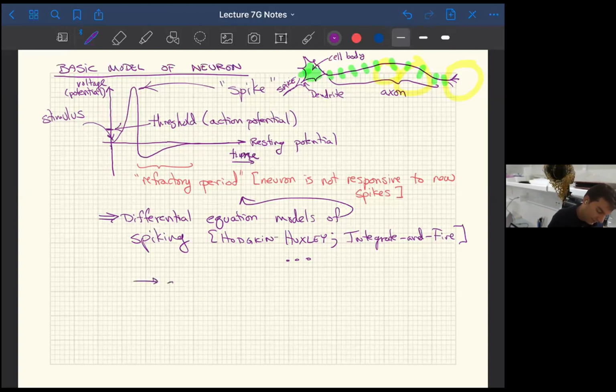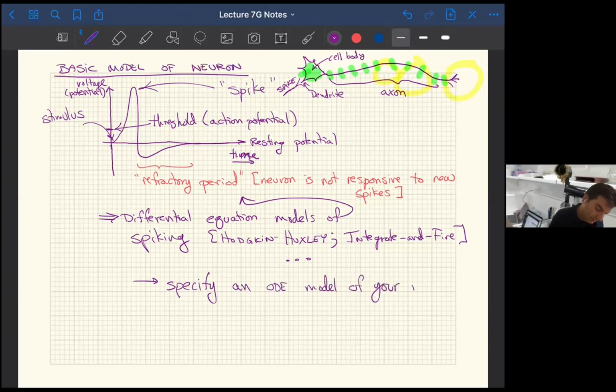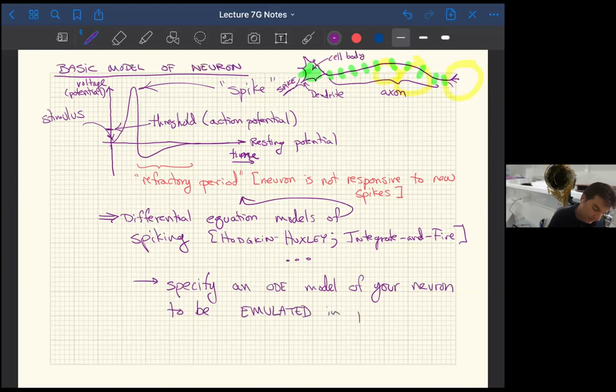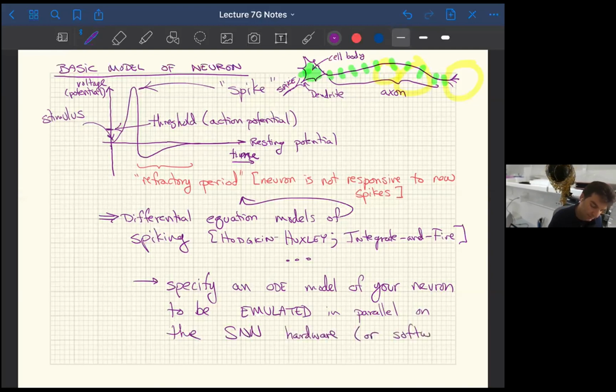So you specify an ODE model of your neuron to be emulated in parallel on the spiking neural network hardware, or software if you're simulating.